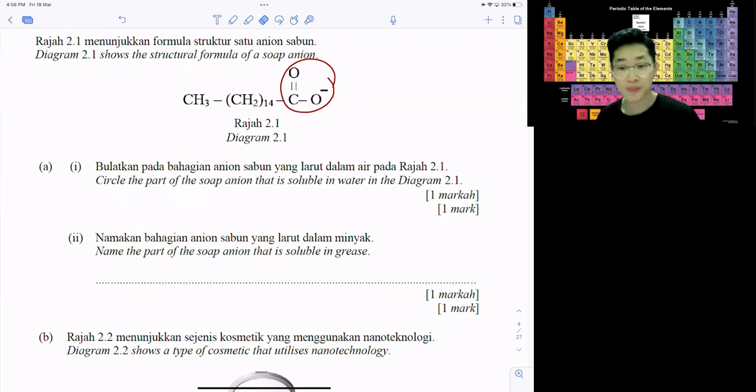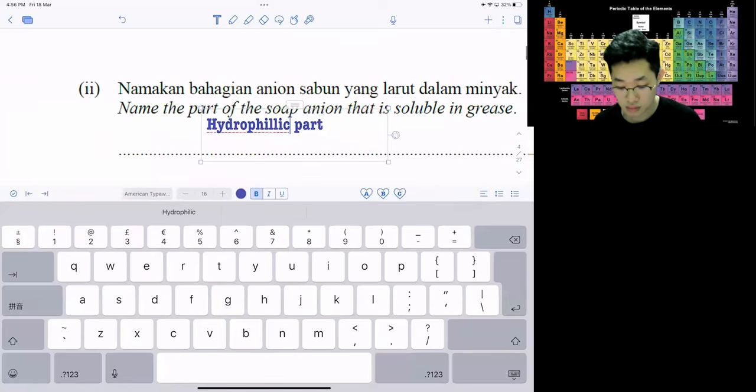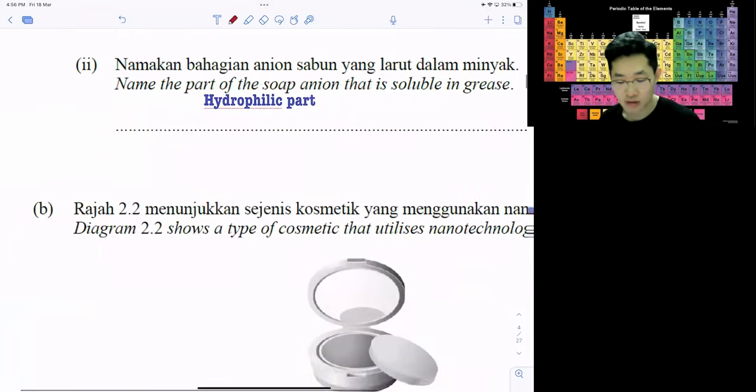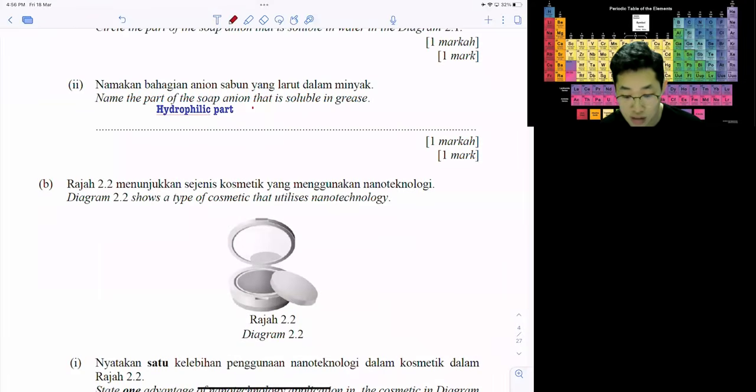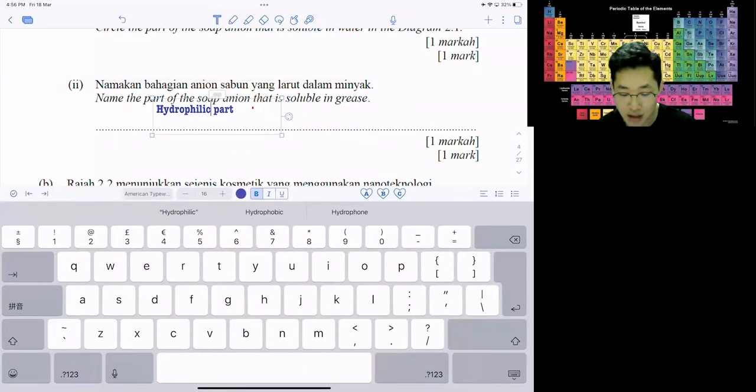It is called the hydrophilic part. Yes, very good. One L, the hydrophilic part. How come still wrong one? Hydrophilic, one L or double? One L.